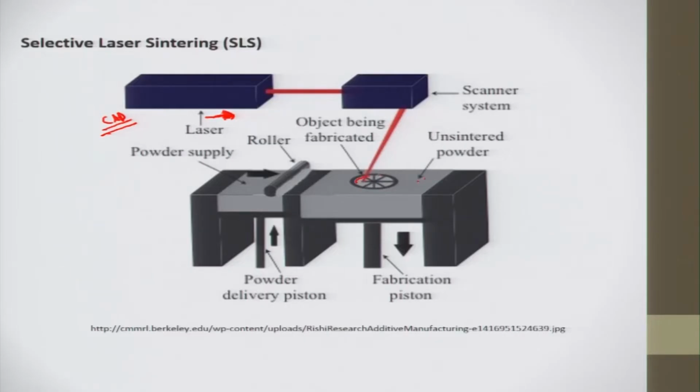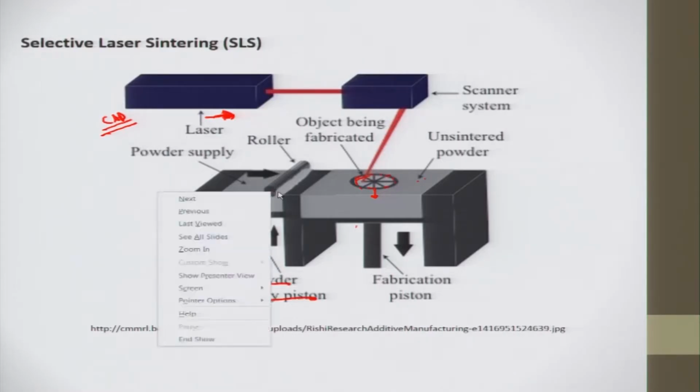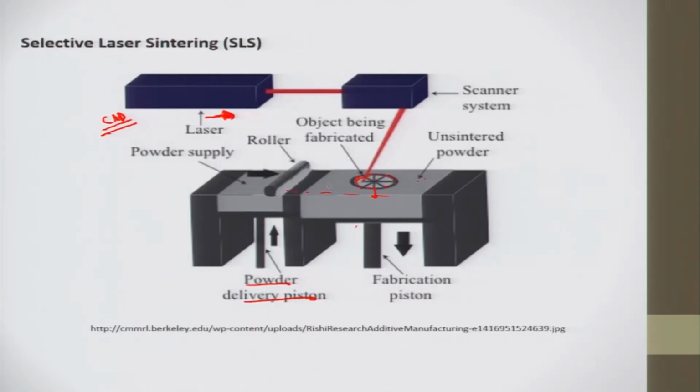Only one layer, whatever shape is required, is solidified. Once it's solidified, this solid part is moved down and this powder delivery piston is moved up, and this roller then disperses the powder here.